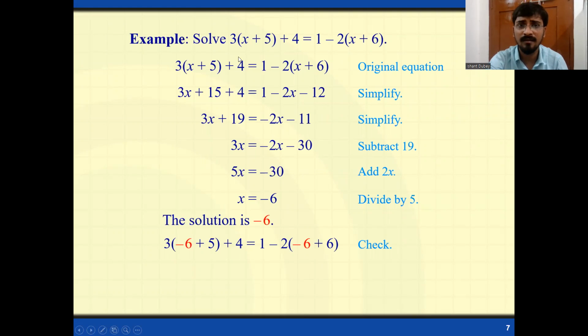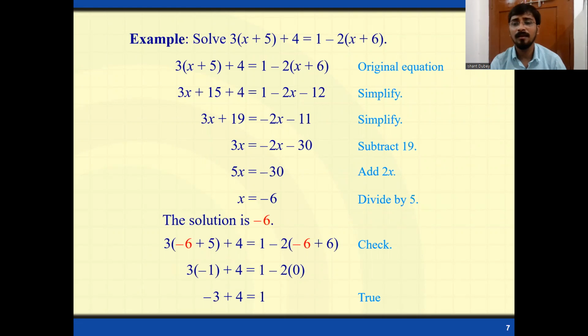Wherever x is there, you can substitute x equals to minus 6, here and here. If we substitute on both sides and solve, just a second, you can see that we'll be getting 1 on the left hand side and 1 on the right hand side.